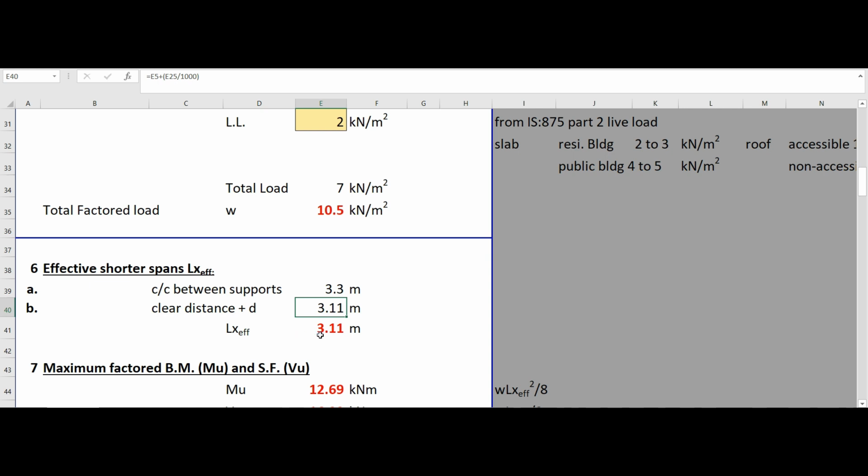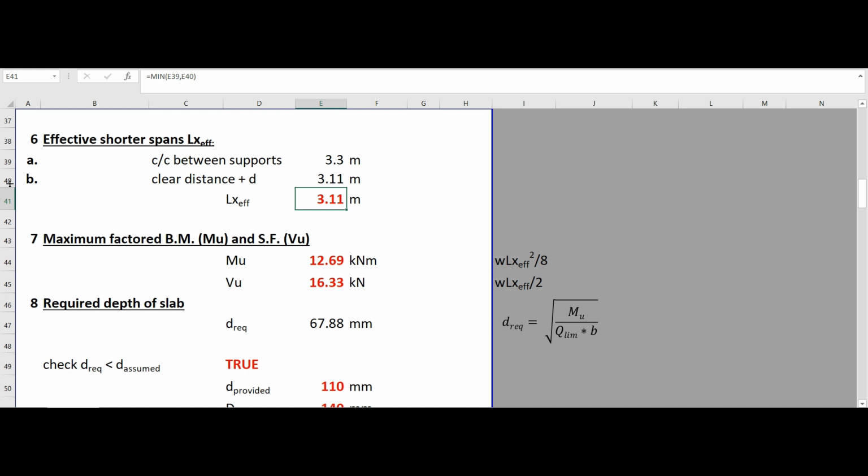So the effective shorter span will be the minimum of the center to center distance between supports and clear span plus d, which comes out to be 3.11 meters. Now we will calculate the maximum bending moment and shear force, which are W into Lx effective square by 8 and W into Lx effective by 2.